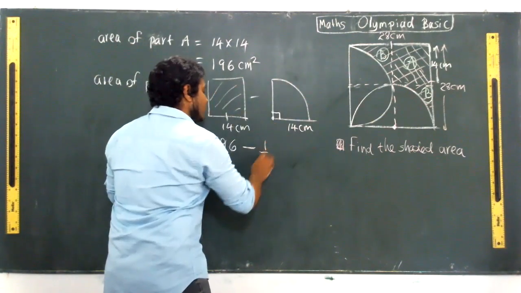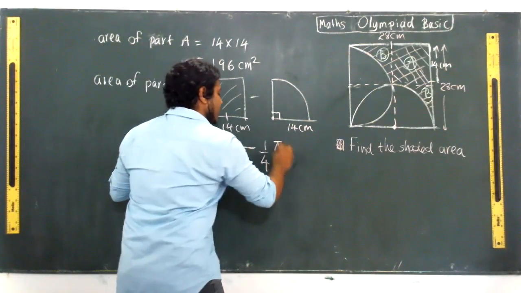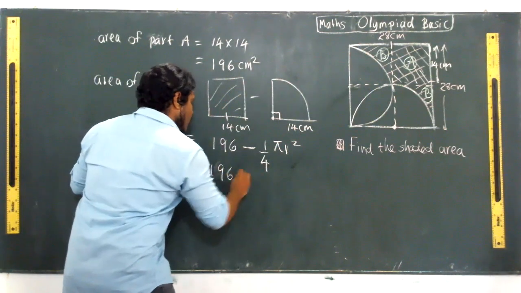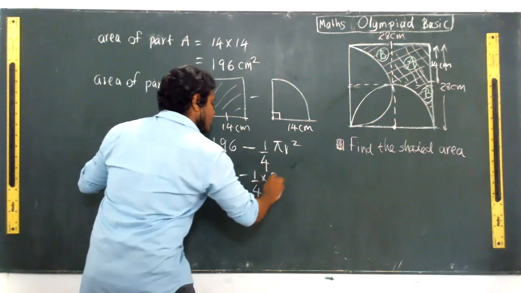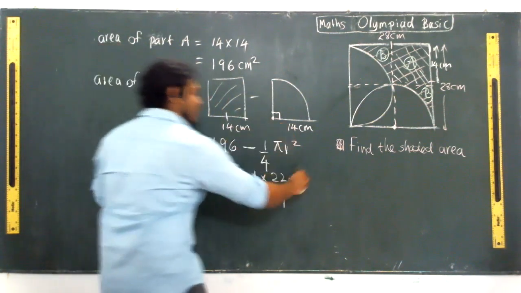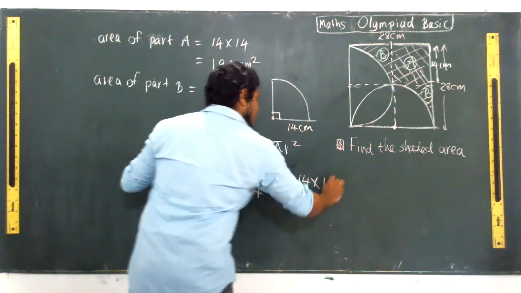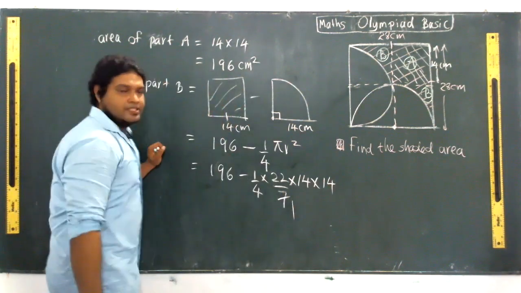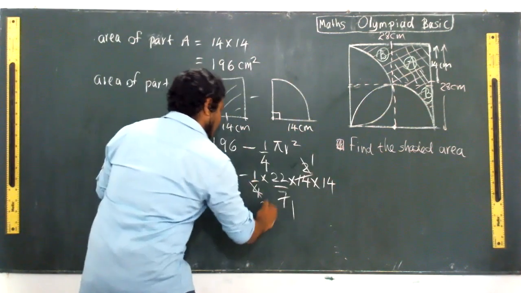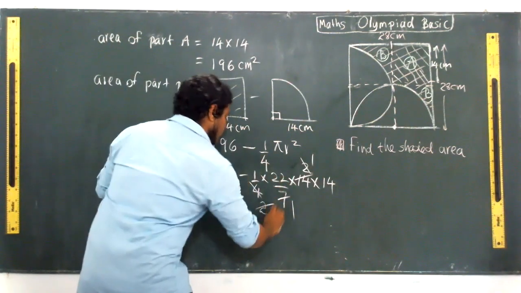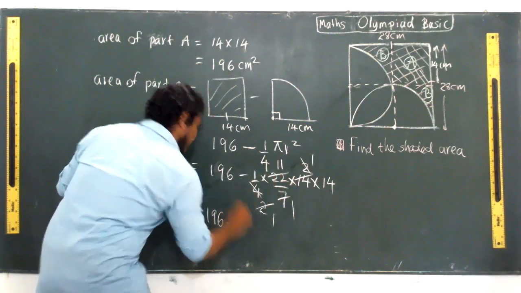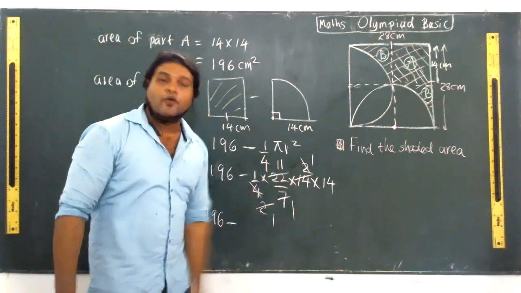Therefore, we use 1/4 pi r squared. Okay, 196 minus 1/4 times 22/7 times the radius 14 times 14. The 7 times 2 we can cancel, and we get 196 minus 11 times 14.